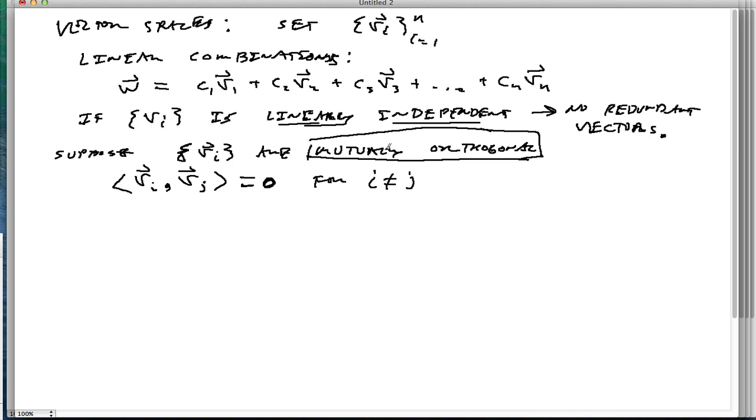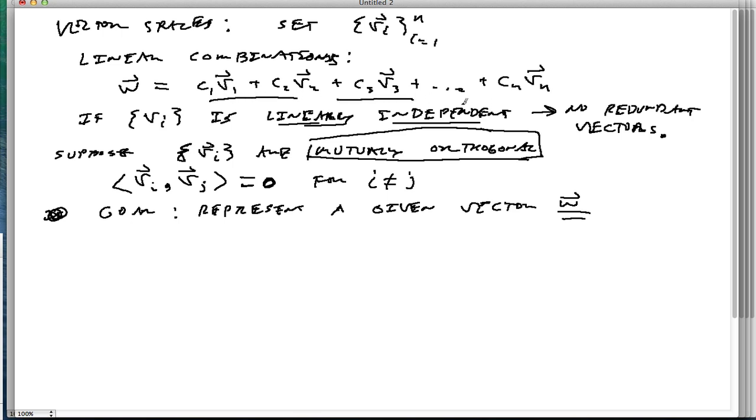So the goal then is to be able to represent a given vector W. Again, this is handed to us. We have a vector, it lives in some vector space, and we want to represent it as a linear combination of the vectors in our set.